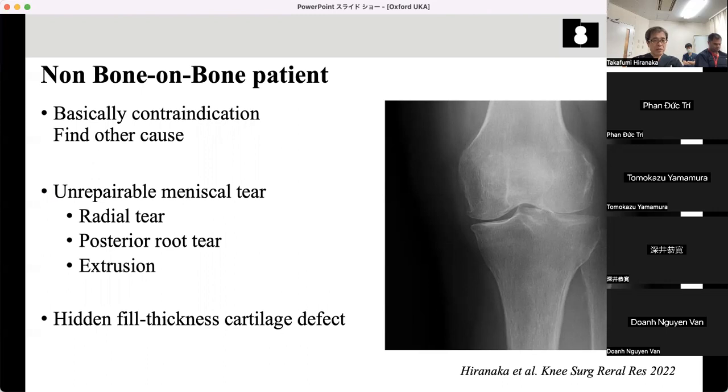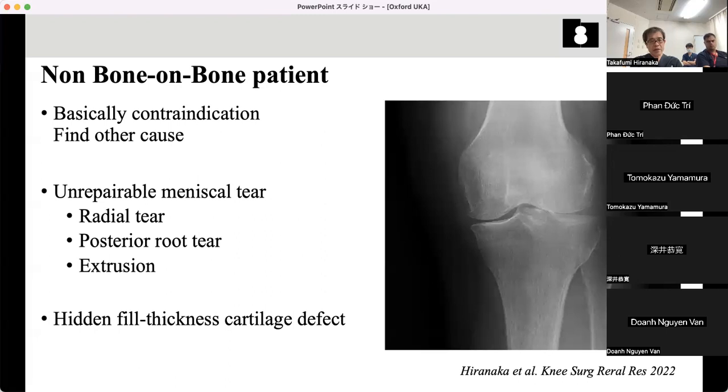But in fact, there are some patients with unrepairable meniscus tears, such as a radial tear, a posterior root tear, or extrusion of the meniscus. In such patients, within 1 or 2 years, they come to complete bone-on-bone, complete cartilage wear, in the near future.